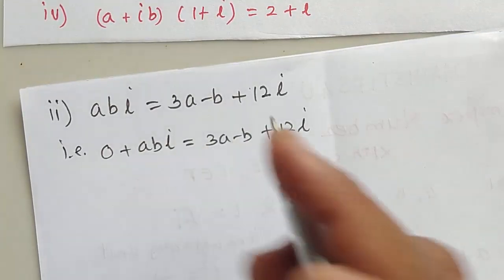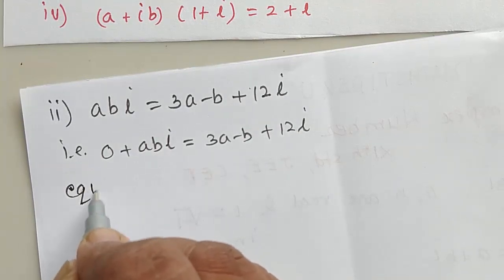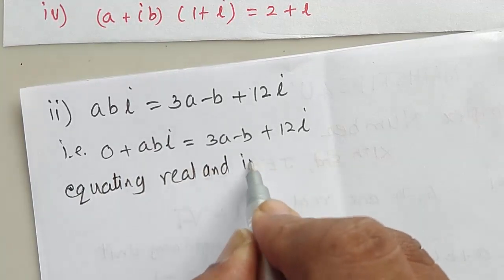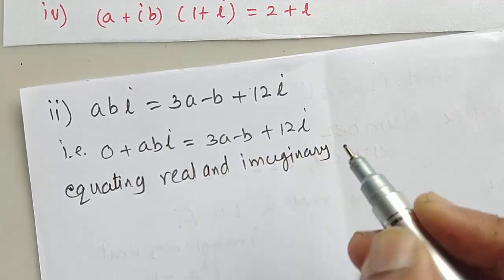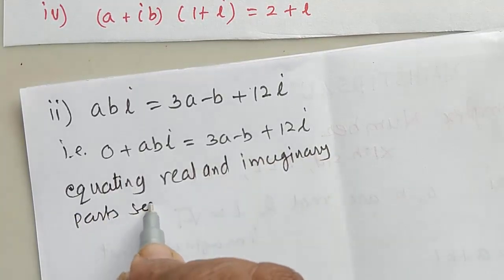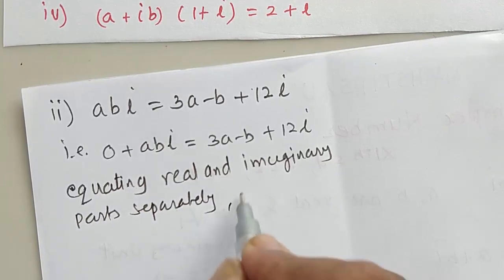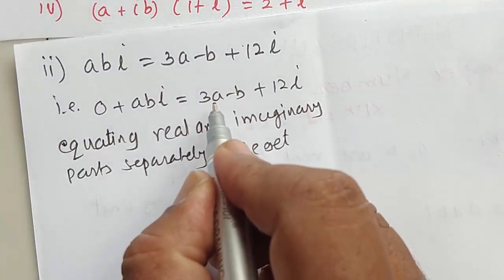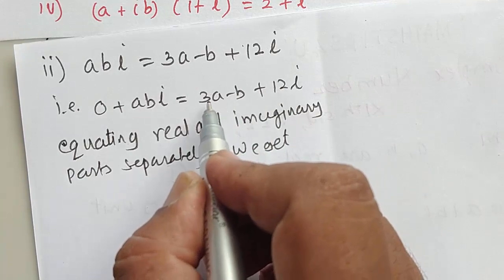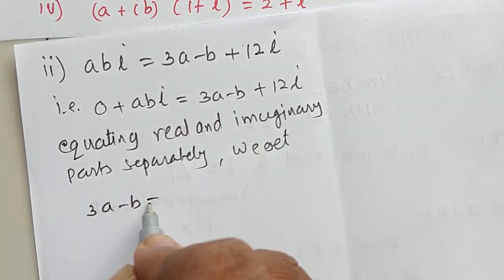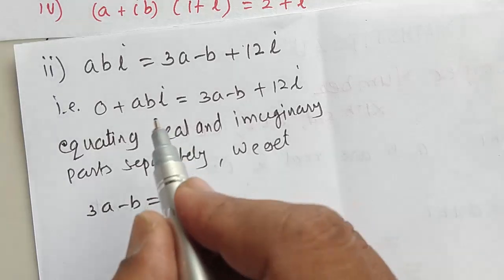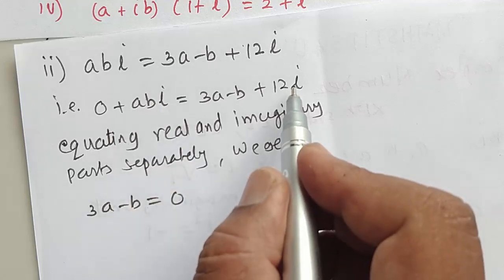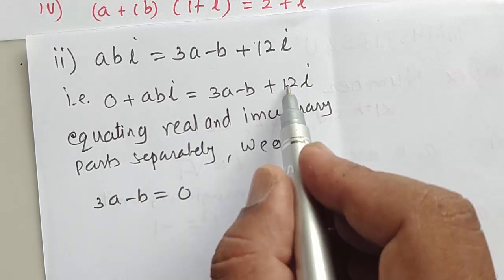Equating real and imaginary parts separately, we get, the real part on the right of this equation is 3a minus b is equal to 0, and the imaginary part, that is the coefficient of i, a into b, on the right side is 12 into i.